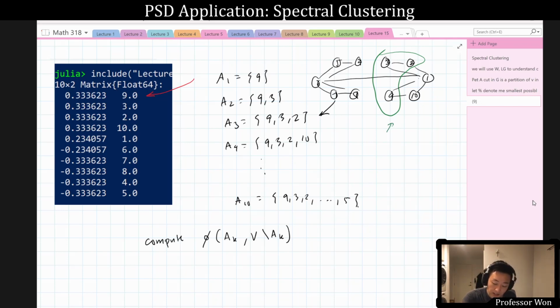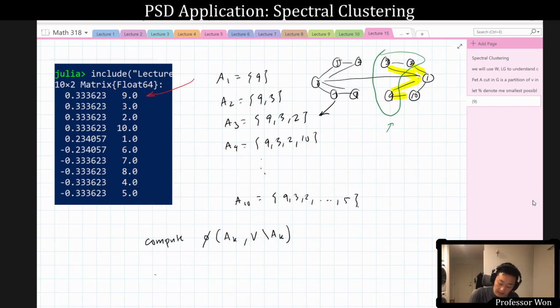Well, there's a bunch. There's 1, 2, 3, 4. Four edges cross this green line. Four edges go between this group and the rest of the graph.